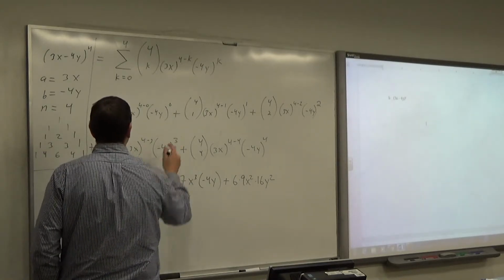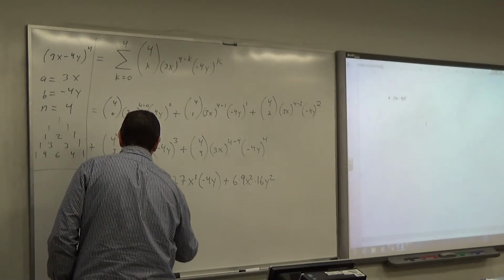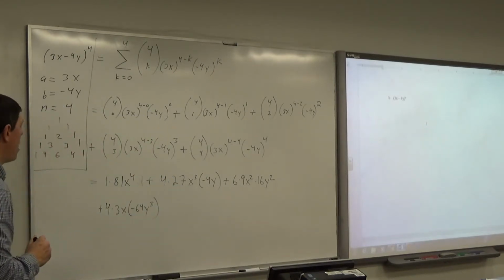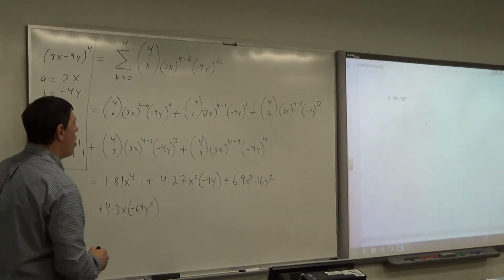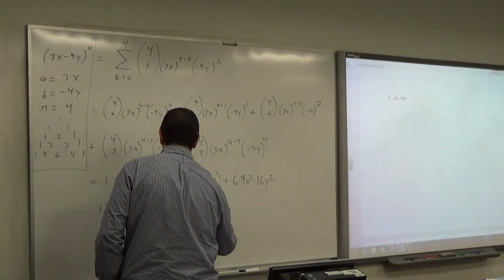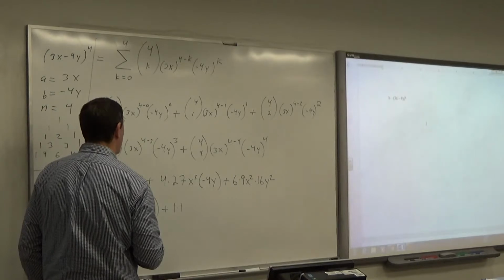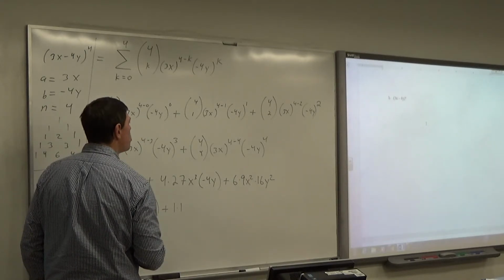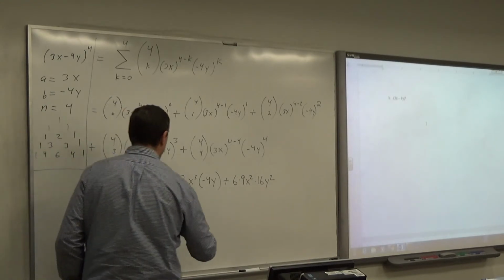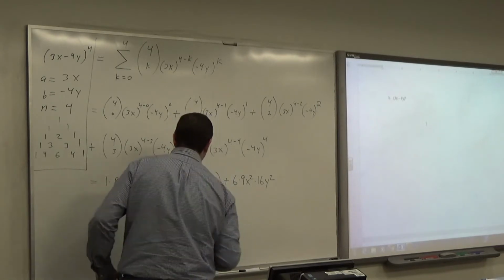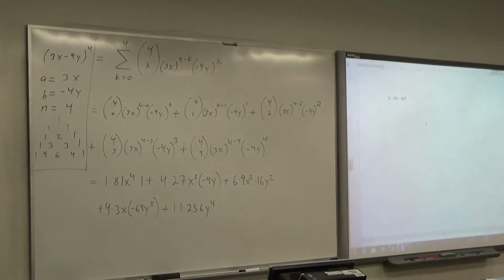Negative 4 cubed, y cubed is negative 64y to the third. And then finally, for the last term, 1, 1. And then 4 to the fourth is going to be 625. No, 256. I was thinking of 5 to the fourth, sorry. So that's positive 256y to the fourth.